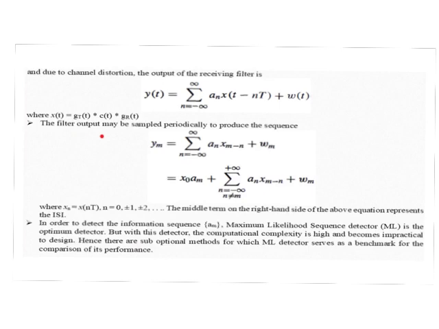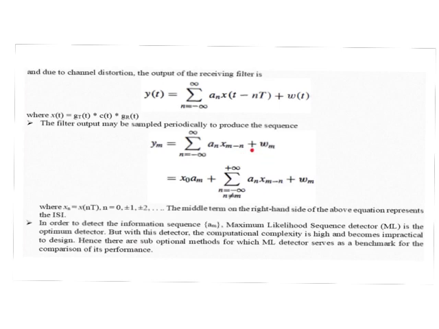Now, the filter output may be sampled periodically to produce the sequence y m equal to summation n equal to minus infinity to plus infinity a n x of m minus n plus w m.